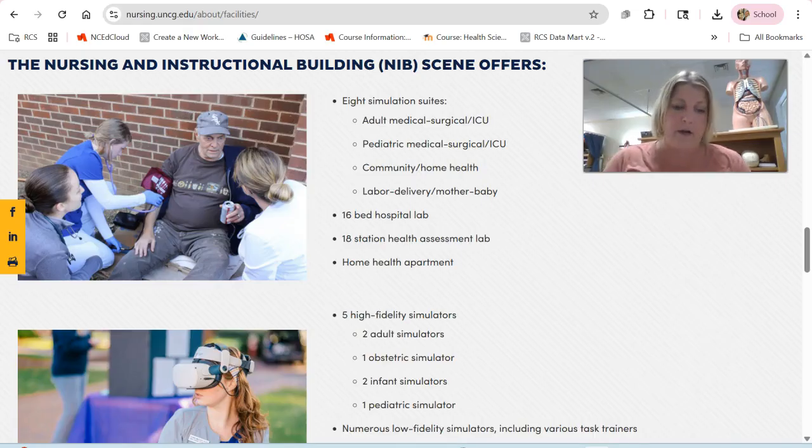D is for design. The simulation would replicate an assisted living setting, complete with residence rooms, social spaces, clinical interaction areas, medicine areas, a dining room, and all of those different things that an assisted living place has.